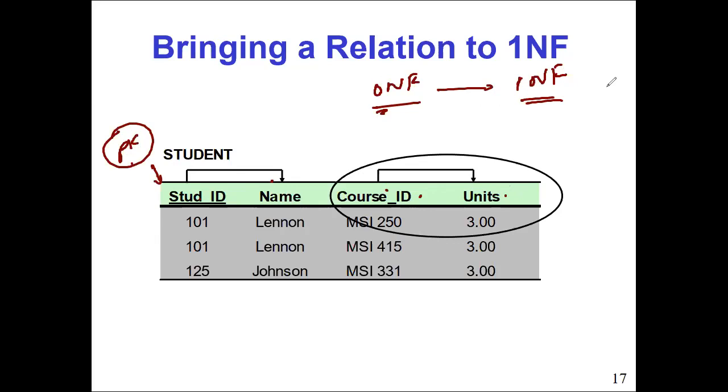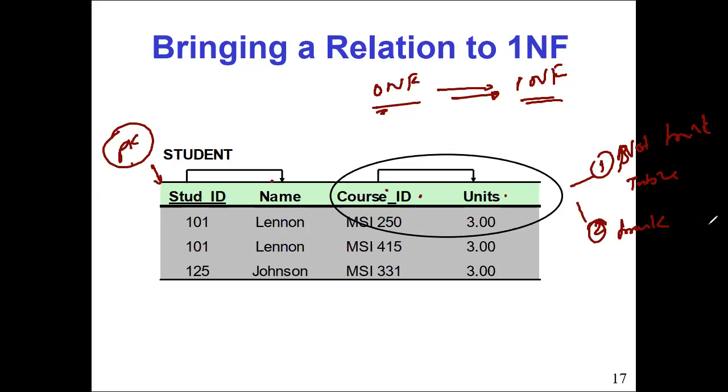If you want to convert 0 to 1, you have two options. One is not breaking the table. The second one is breaking the table.